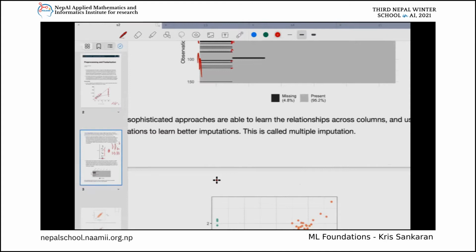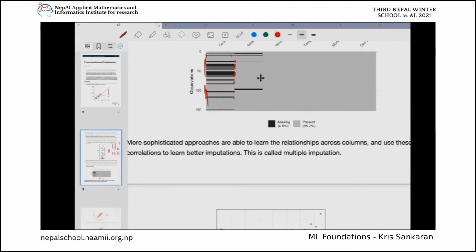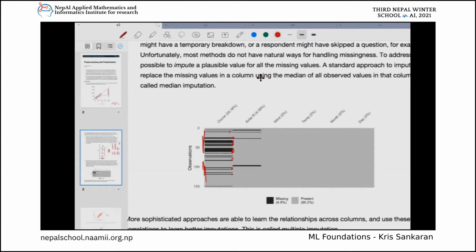So how to fix it? I think I mentioned the easiest way to fix missing values: replace the missing value by the median of all the observed ones. So what does that mean? You can imagine we have some column, and imagine that these entries of the column are missing.